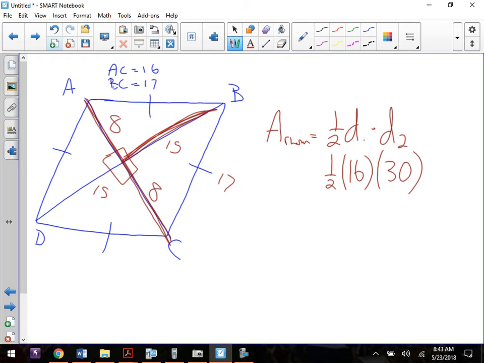And then, what is that? 240 square units. Wait, not 240, I'm sorry. I did 240, then I did that one. Oh, I was right. Sorry.